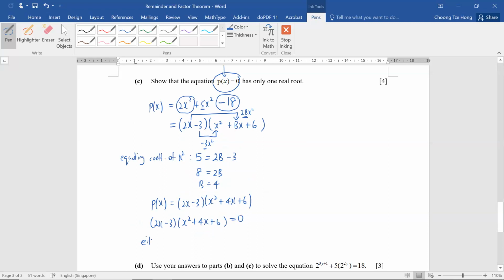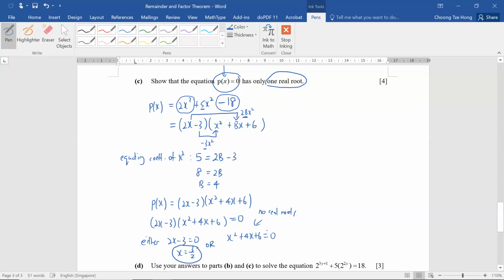It's either 2x minus 3 equals 0, which gives us x equals 3 over 2, or x squared plus 4x plus 6 equals 0. If you look back at the question, it shows that there is only one real root, and we already have that one real root, which is x equals 3 over 2. So there should be no real roots from here. If we can show that x squared plus 4x plus 6 equals 0 has no real roots, then we have actually solved the question.